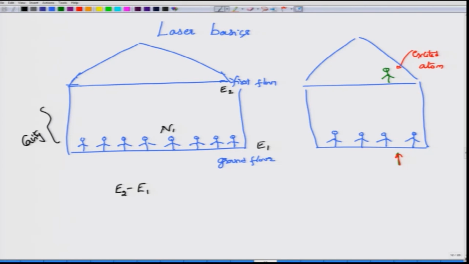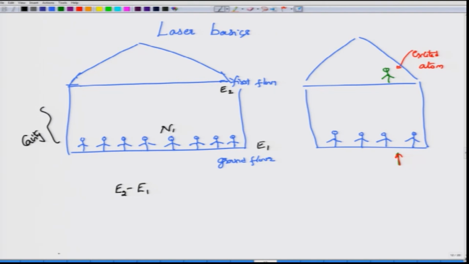So there is a certain occupation density, or number of people occupying this floor. Since this floor corresponds to a certain energy, we have called it E1, and the density of people occupying it will be denoted by N1. You would see that at energy level E1, the population density N1 is quite high; almost everyone is at this level.